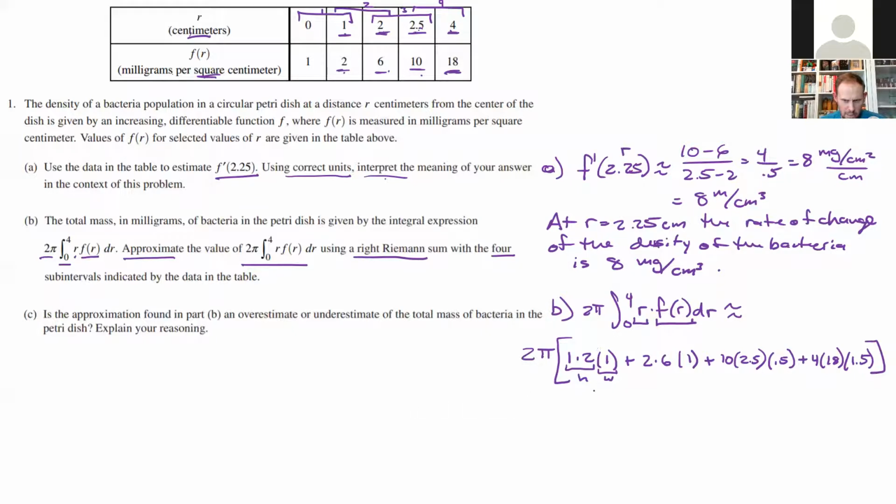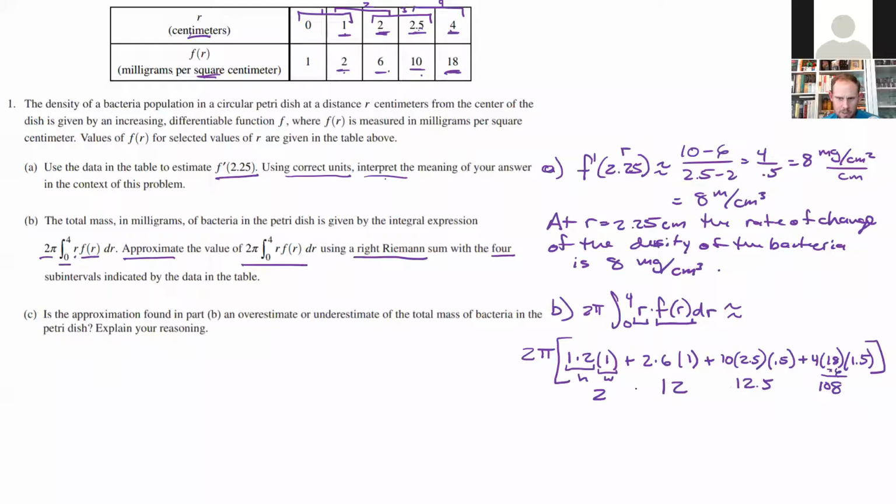And if we do want to work that out, let's see, that's 2, that's 12. 2.5 times 5 is 12.5. 1.5 times 4 is 6. 6 times 18, I don't know why that's off. That's 36 times 3 is, what is 36 times 3? 12 times 9, is that 96? 108?